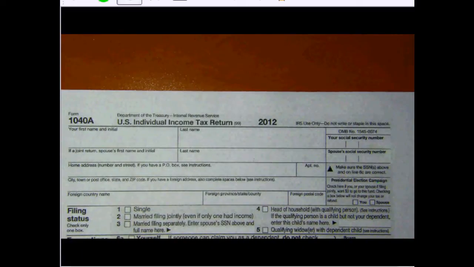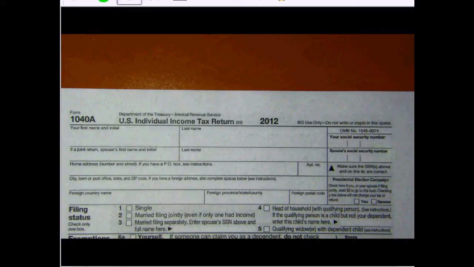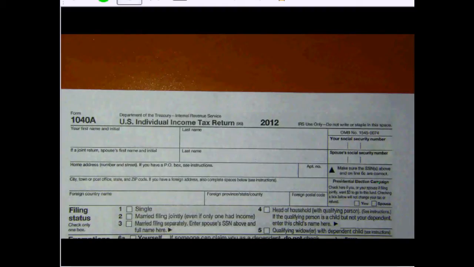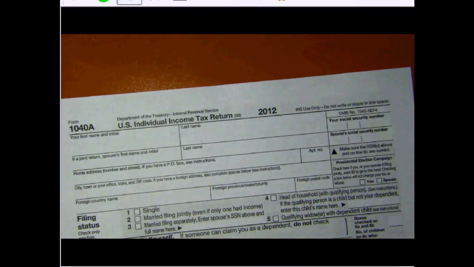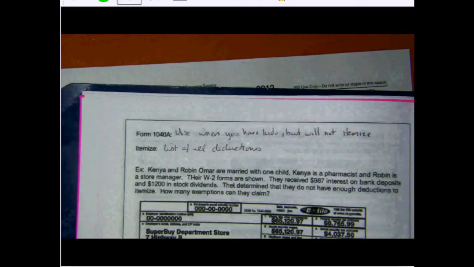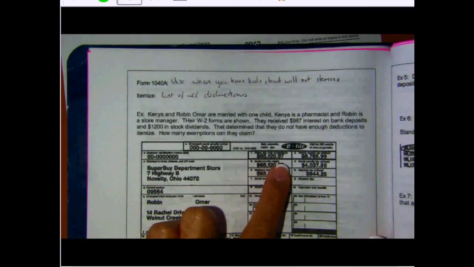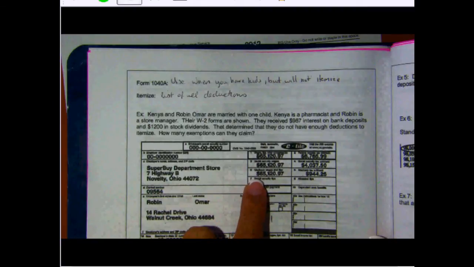So we're going to go ahead and go through this one for these people. I'm just going to go back and forth between the computer and the paper. Okay, if you look at their W-2s, we have $65,120.97 and $52,126.76 as their incomes.